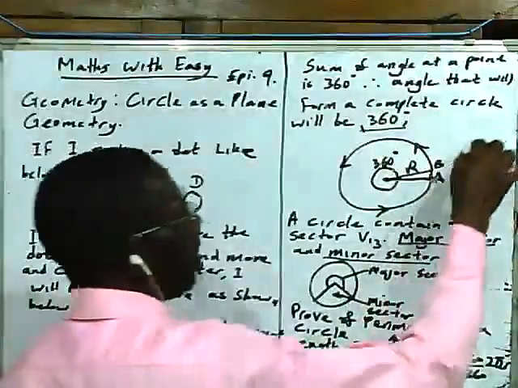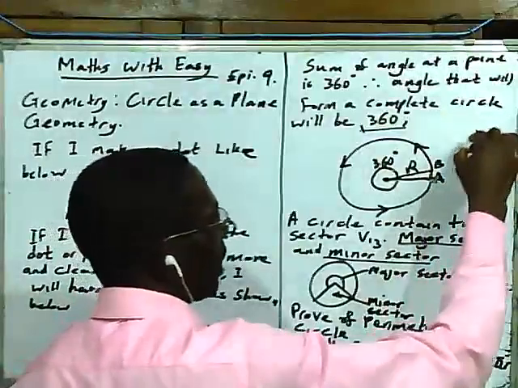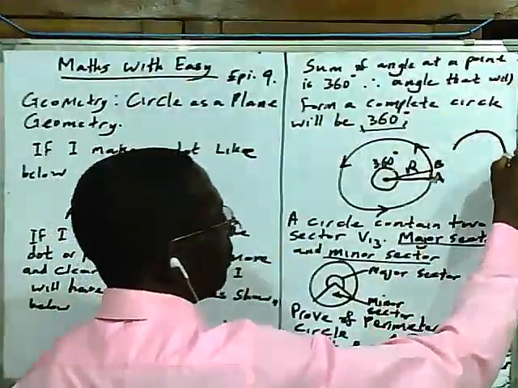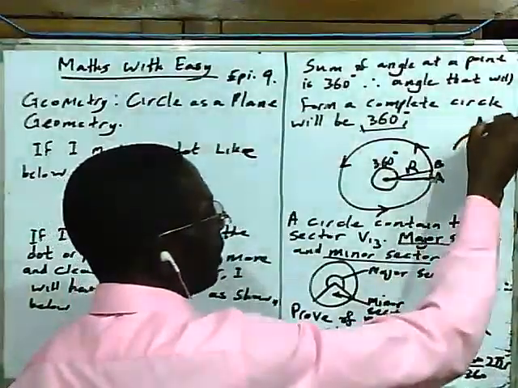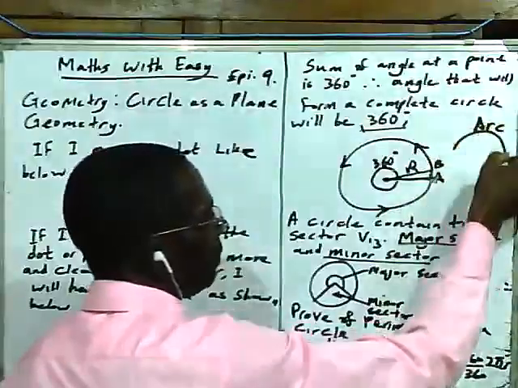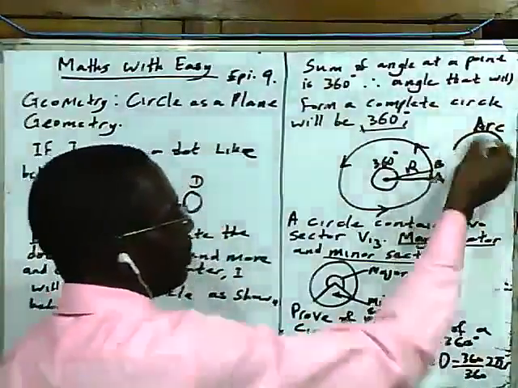So if you have an arc like this, this is an arc, the length of this arc will form the circle.